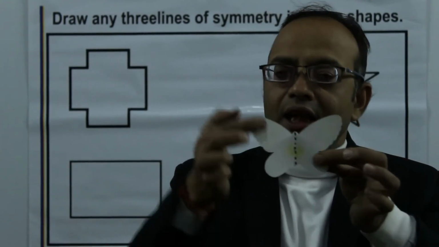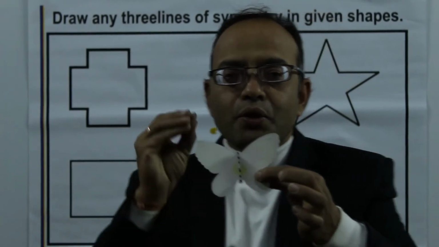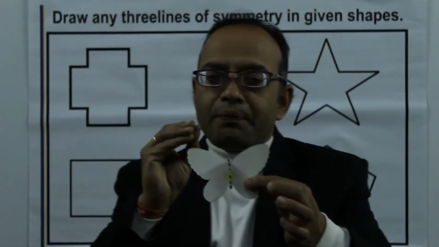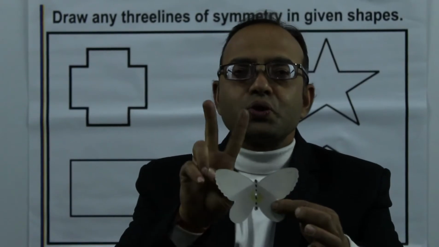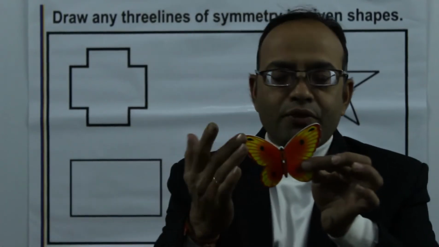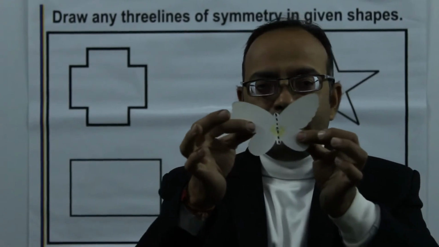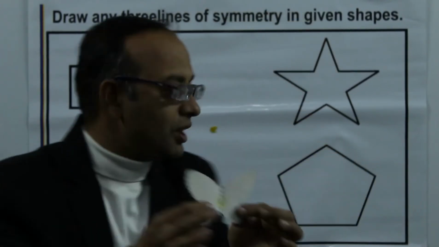What is the line of symmetry? A line of symmetry divides the figure into two equal or mirror parts. So this is a symmetrical figure and it has the line of symmetry.